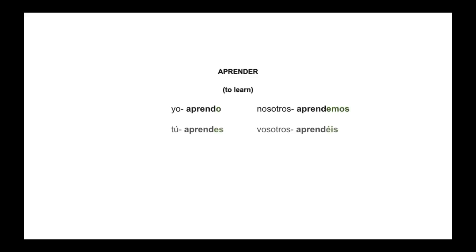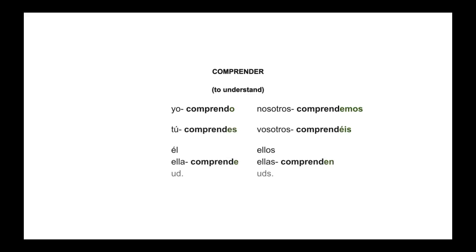Last class we spent some time conjugating some of these verbs like aprender. Same thing, right? O, es, e, emos, éis, en. Comprender, to understand. Comprendo, comprendes, comprende, comprendemos, comprendéis, comprenden.